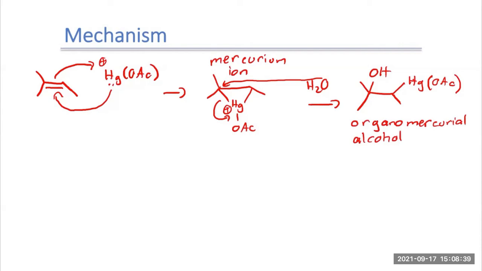So then the next step is the sodium borohydride comes and reacts with the mercury by adding a hydride ion. So our sodium borohydride, when we look at that, that's a boron with 4 hydrogens. It's a negative charge, and our sodium is our counter ion. So what the sodium borohydride is, it's really an equivalent of a hydride ion or an H minus.